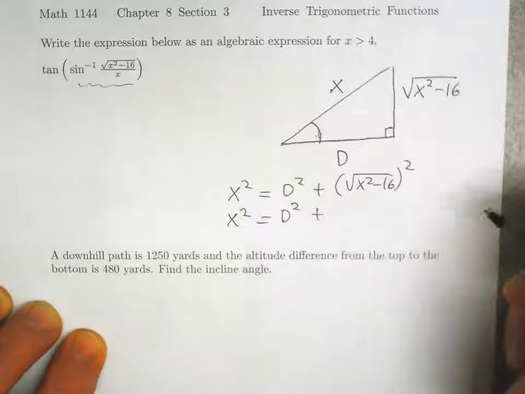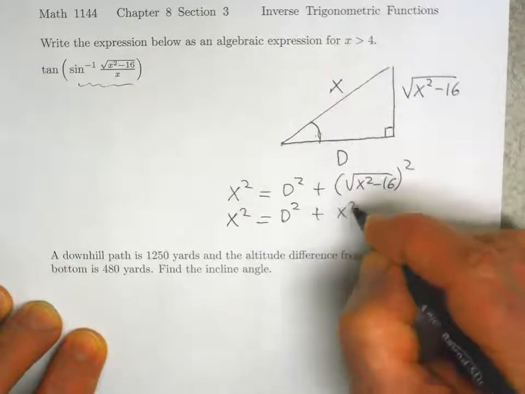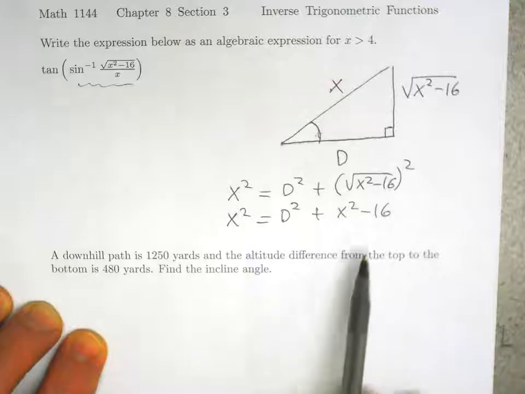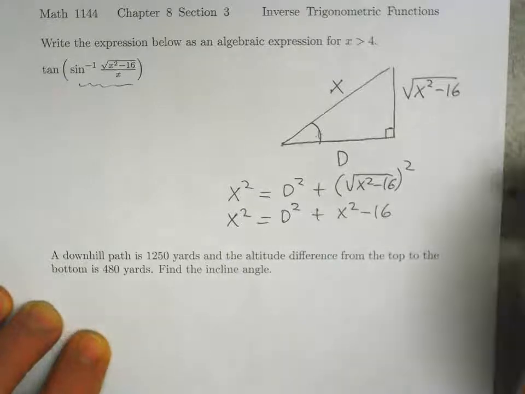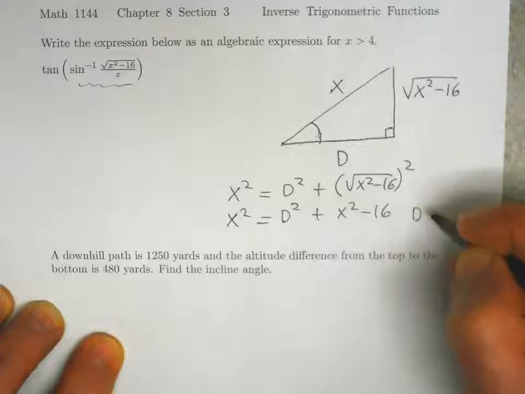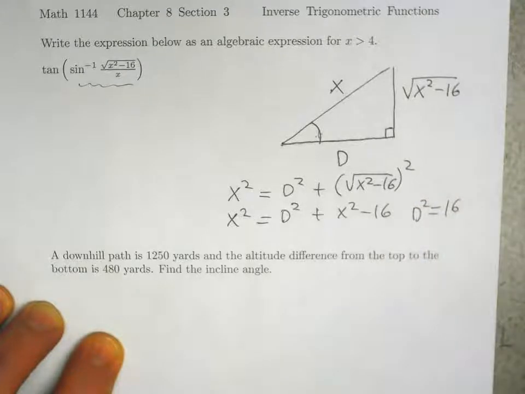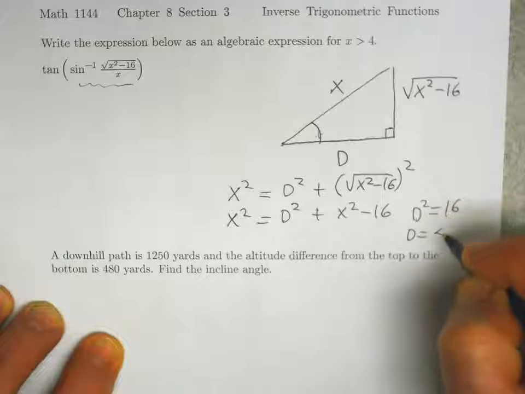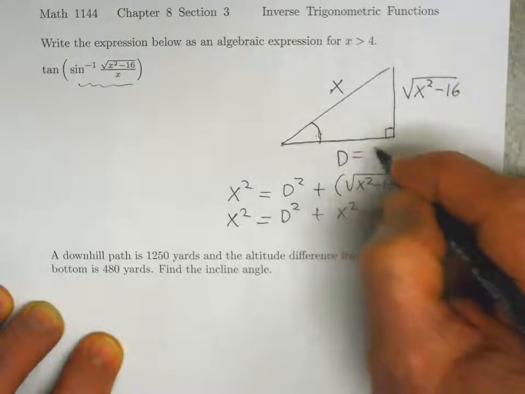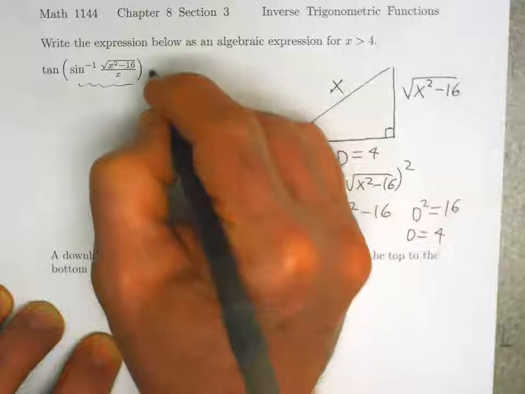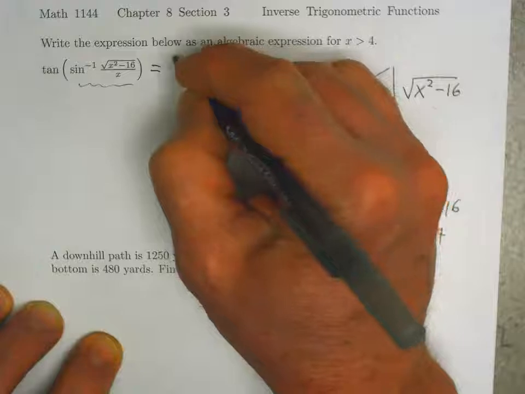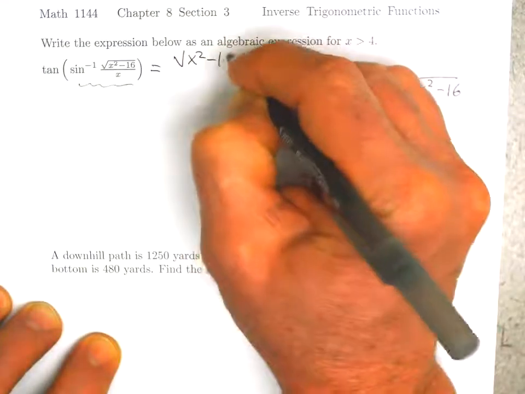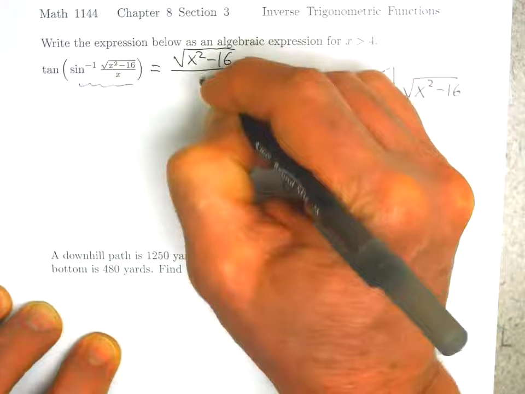So we'll subtract x squared from both sides and add 16 to both sides. We find that d squared equals 16. And so d is equal to positive 4. Okay, so the tangent of the angle then is the square root of x squared minus 16 over 4.